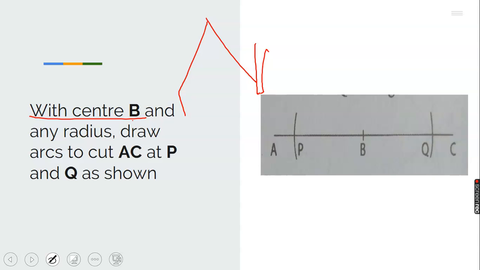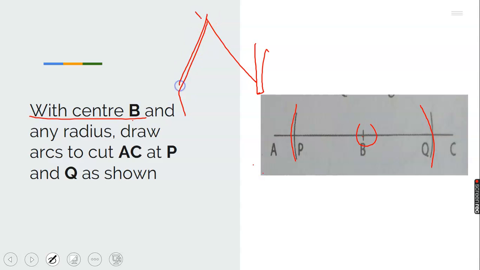Now, taking any point on B, put the sharp end on B, then mark this line, then turn again and mark this line. You can see we have points P and Q on line AC. I take it again.